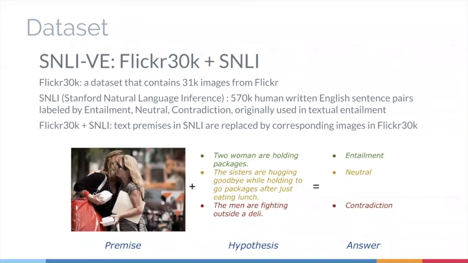Flickr30K is a dataset that contains 31,000 images from Flickr, and SNLI, which is short for Stanford Natural Language Inference, contains more than 570,000 human-written English sentence pairs labeled by entailment, neutral, and contradiction. This is originally used in textual entailment. And in the combination of the two, the textual premises in SNLI are replaced by the corresponding images in Flickr30K.